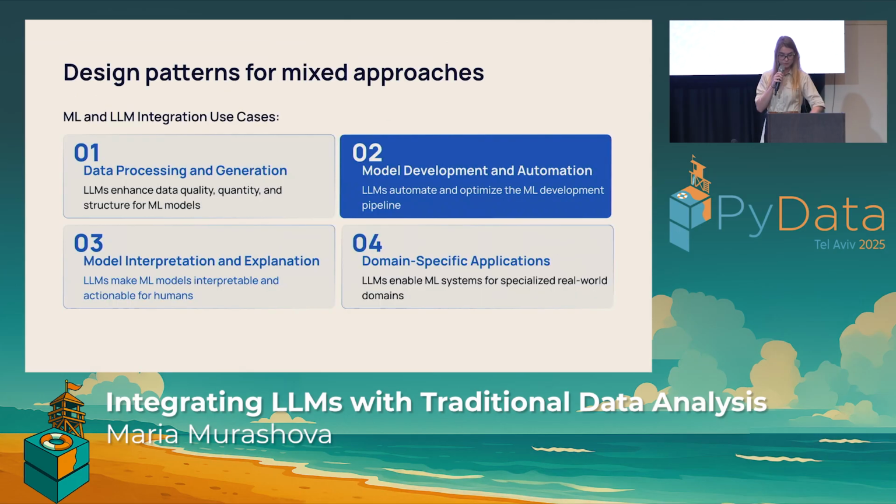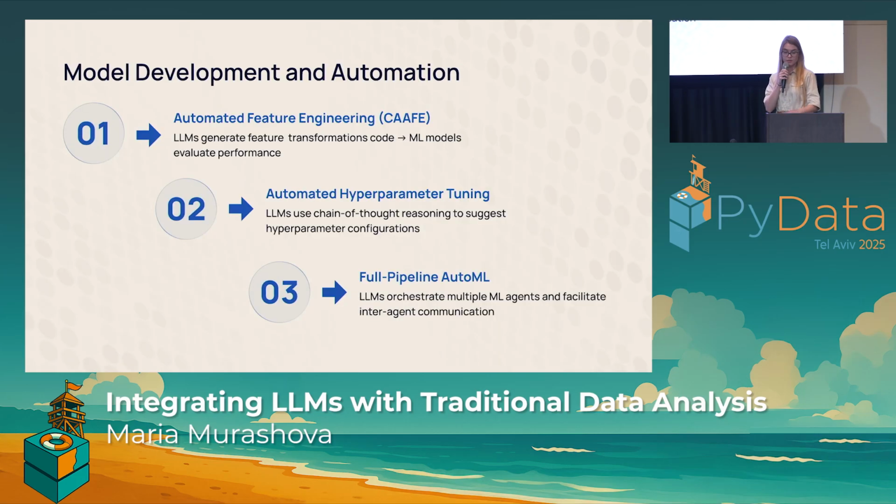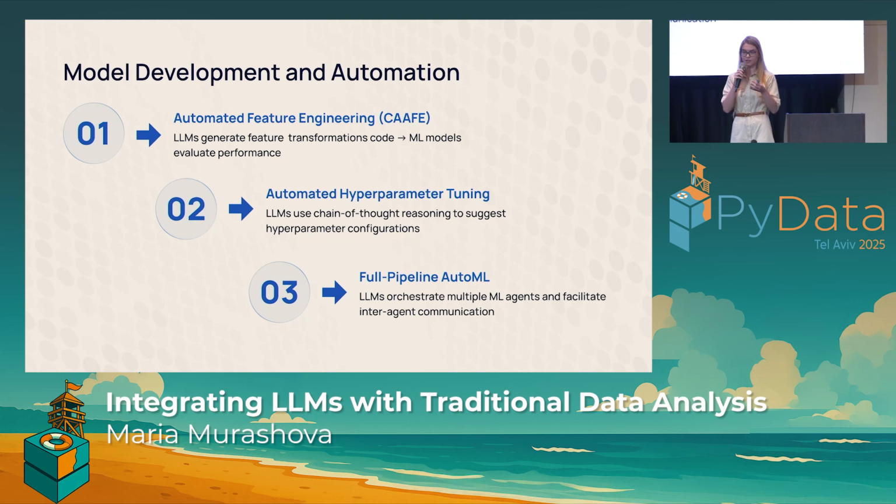We talked about that. And the second approach is model development and automation. I will go briefly through that. Here we talk about feature engineering. It's like giving the columns of the database to the model and asking the LLM to help me create meaningful features. Second is hyperparameter tuning. Now I don't need to go through all of the parameters randomly.